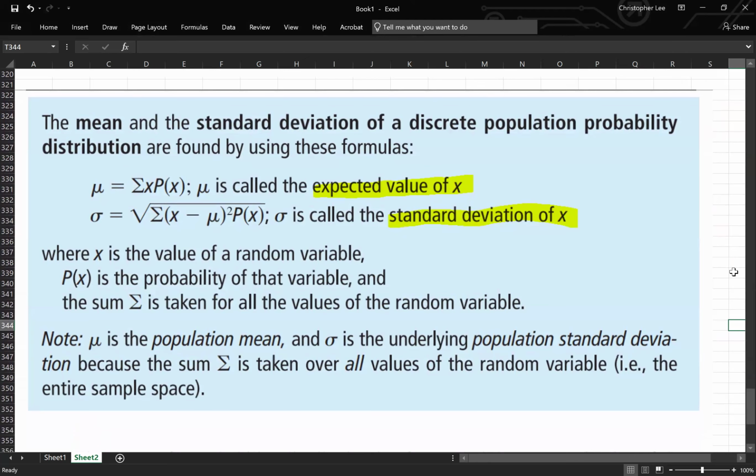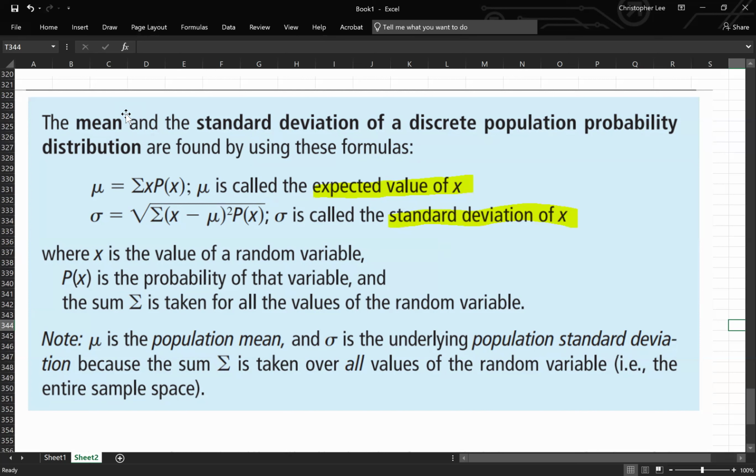The mean and the standard deviation of a discrete population probability distribution are found by using these formulas. So mu, our population mean, is equal to the sum of x times P of x. This is called the expected value of x. So when you hear the words expected value, you think population mean mu. Expected value, population mean mu.